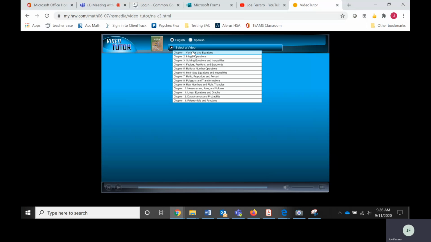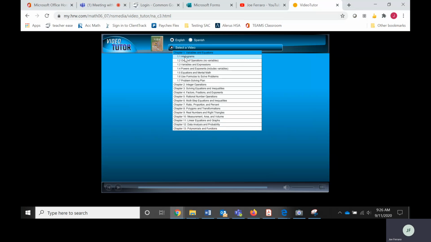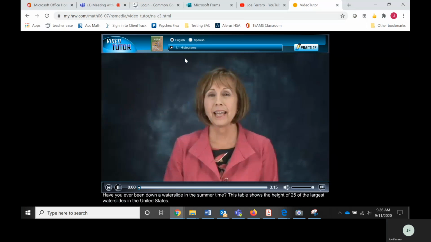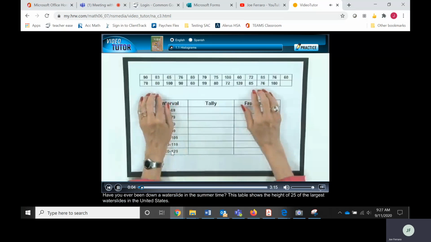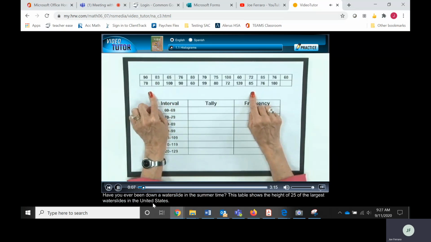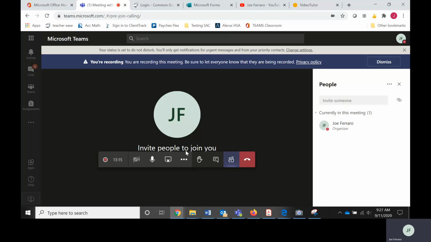You're going to click on chapter 1 and go to 1.1. It's going to give a little video like this. This table shows the height. It has closed captioning; if it's not showing up for you, tap this button over here. So I will link that if you want to watch. If there are any questions, let me know.